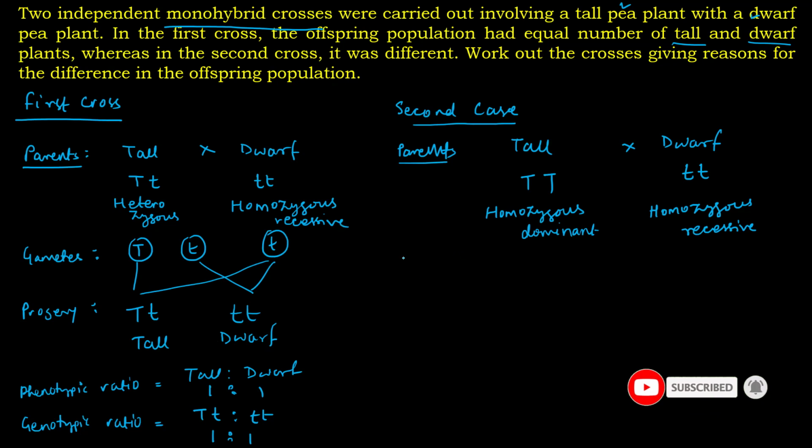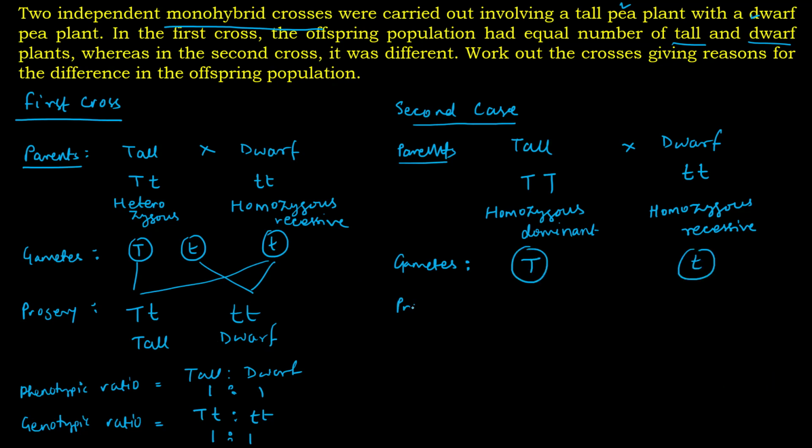So let's see the gametes here. The gametes formed are going to be only one type, capital T, and here also only one type, small t. So the progeny in this case is going to be capital T, small t, and that is going to be the tall plant, which is heterozygous. It is of only one type.